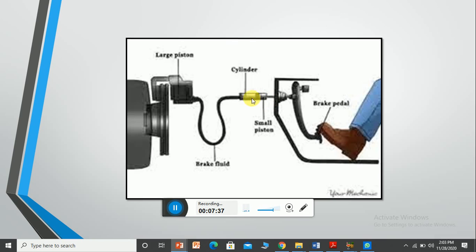This piston pushes the brake oil in the forward direction, and it exerts pressure, and this pressure is transmitted equally in all directions. This pressure is transmitted to the large piston towards the tire, and it pushes this large area to the tire, and then the brakes touch the tire, and that slows down the car. So it is another example of the hydraulic press.